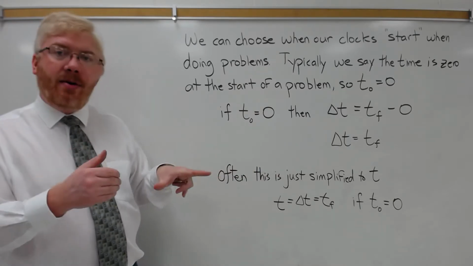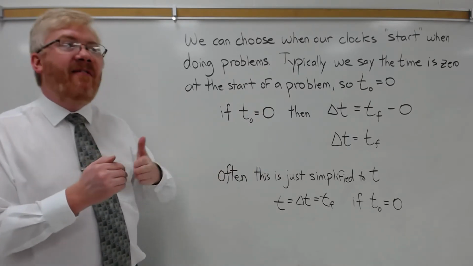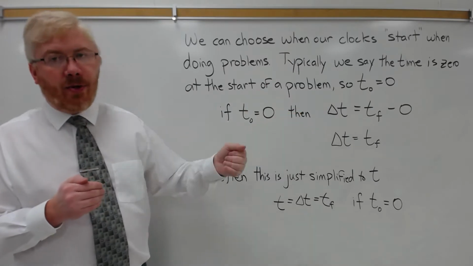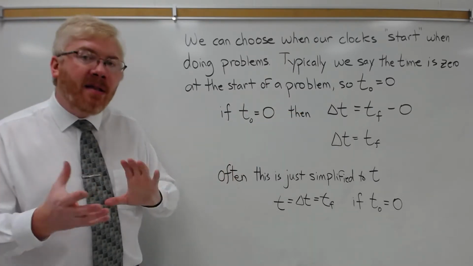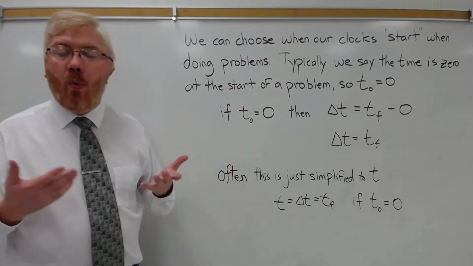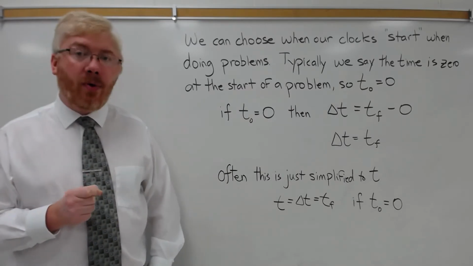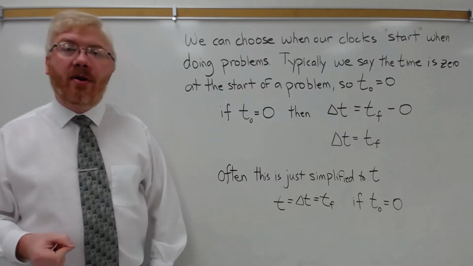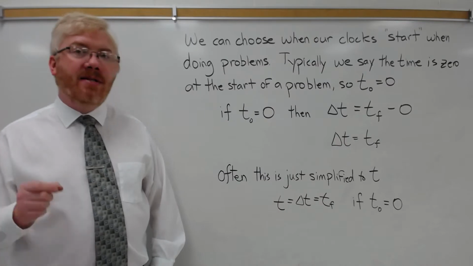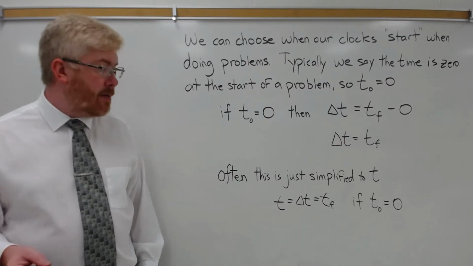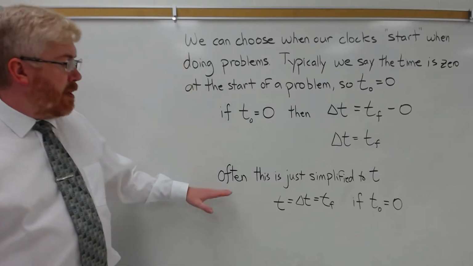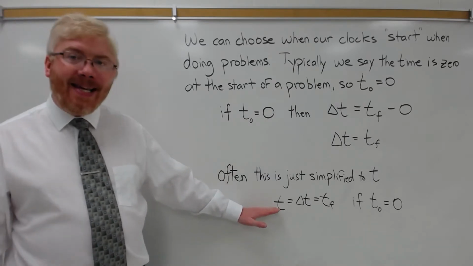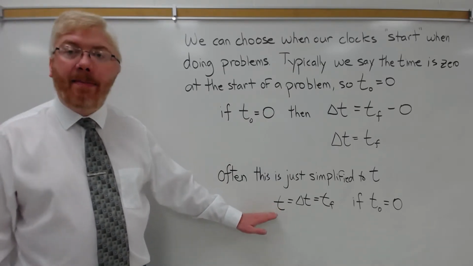Maybe the time is 0 at the start of the problem and 4 seconds later the light turns green. So it depends on the problem how you want to set up when time equals 0 occurs. Typically it'll be at the start of the problem, but that doesn't always mean at the start of motion. So just note that t is often referred to as the elapsed time in your problems.